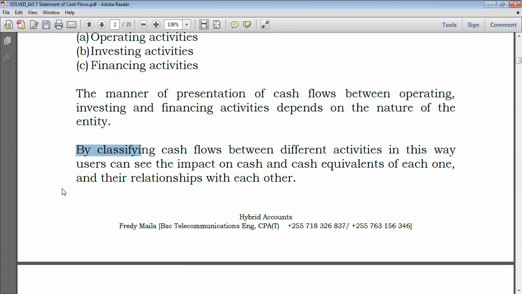If doing that, what does it help you? When you say operating activities, let's say the entity has generated 100 million, but in investing, it has used 60 million net. And in financing, it has also been financed. So you just have to ask yourself, for the entity to be healthy, it should have highly positive cash flows from operating activities, meaning that it is capable of generating cash. Even if the net cash flows for the period are negative, if operating activities were of a very high value, it gives us hope.